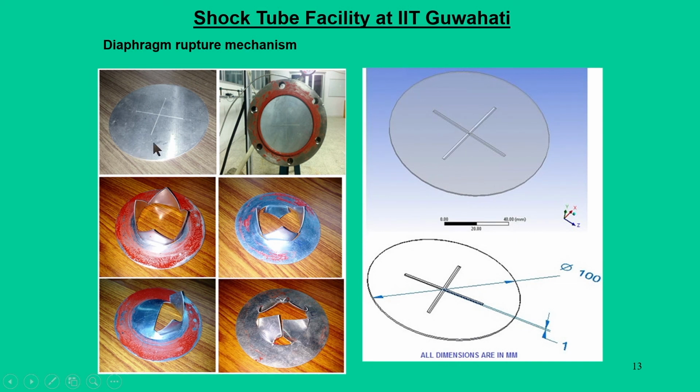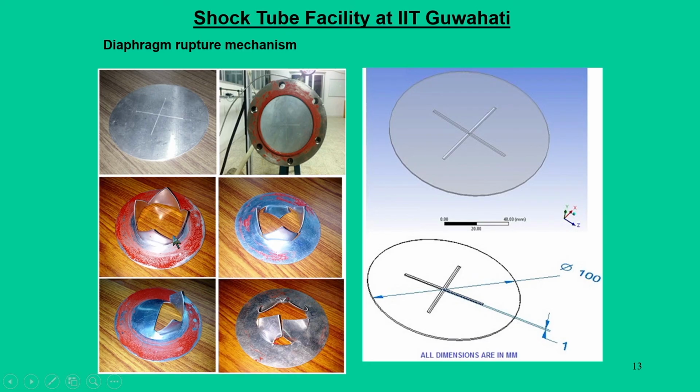If you look at this, the initial diaphragm is this, and it is mounted in this fashion. There are 3-4 photographs showing different rupture modes of these diaphragms. Even compression waves can be generated that create sufficient pressure to rupture the diaphragm. But whether all the compression waves have merged to form a shock wave or not, to address this, if your rupture pattern of the diaphragm comes in this manner, then we can say it is the formation of a shock wave.